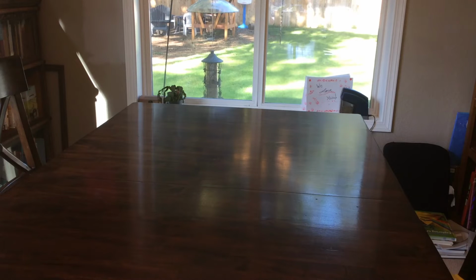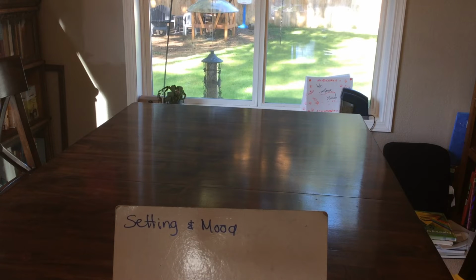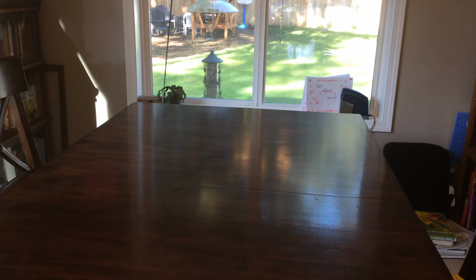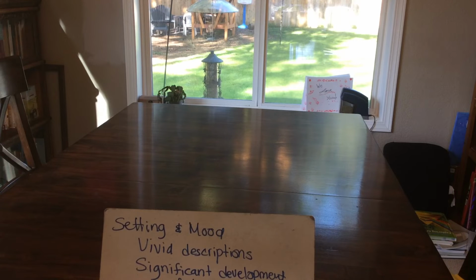Next we have setting and mood. With setting and mood, you want to list some vivid descriptions, significance, okay, for setting and mood, vivid descriptions, significant development of the plot.